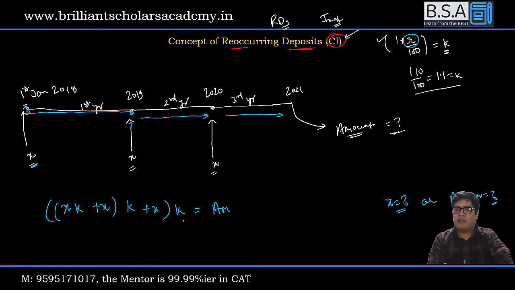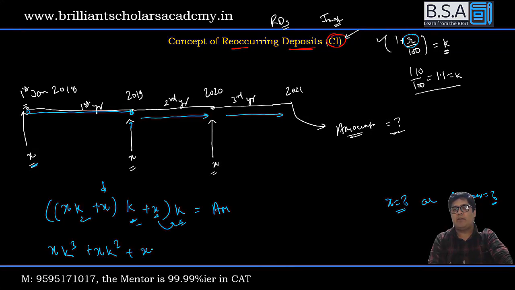Now if I expand this, this K is multiplied here, this is multiplied here. So this is K into K into K, so X into K cube. The second X is multiplied by these two when you open those brackets, X into K square, and this X is multiplied with only 1.